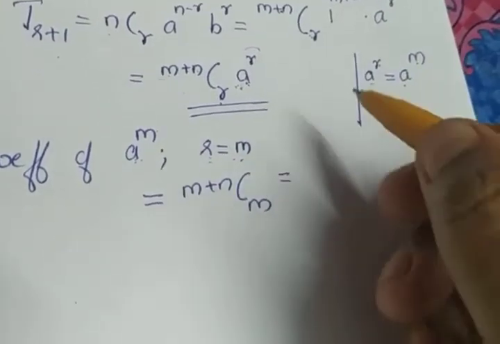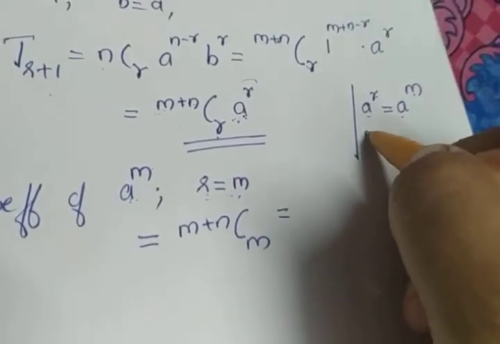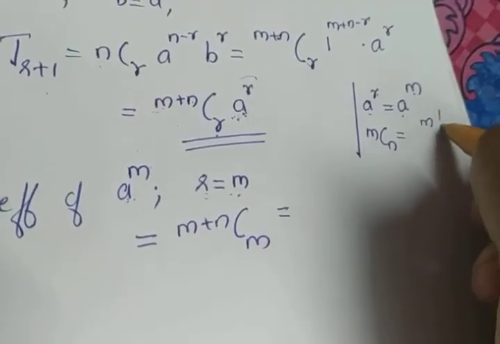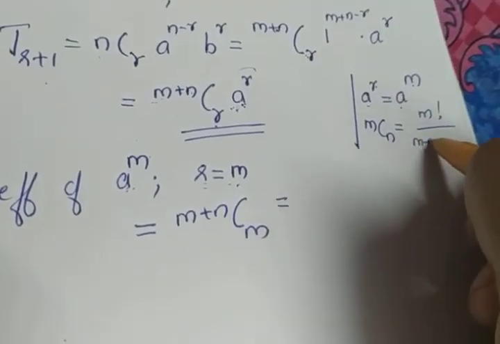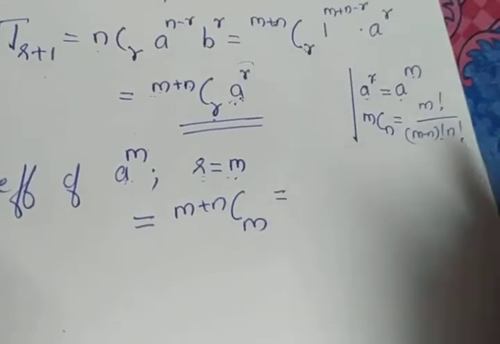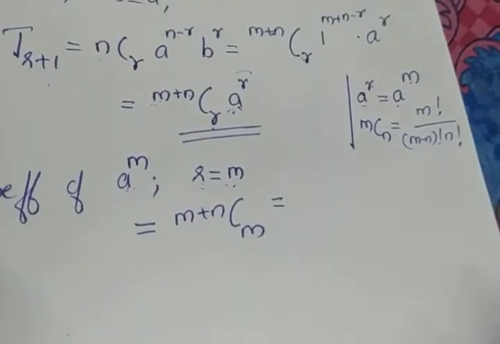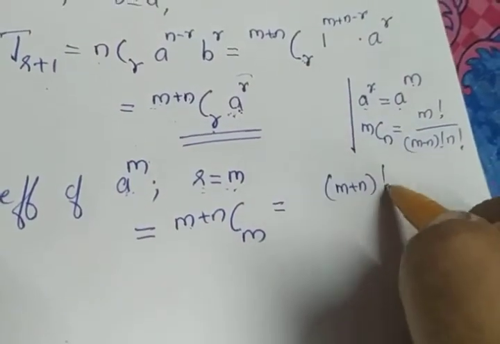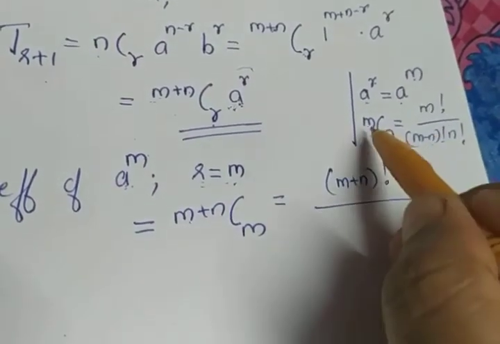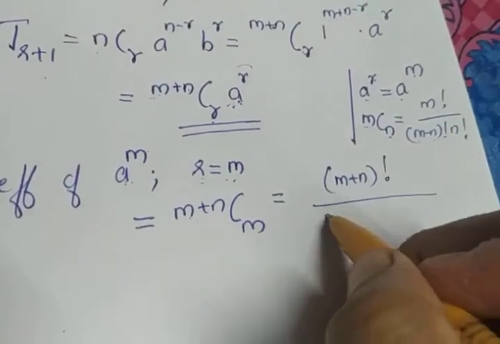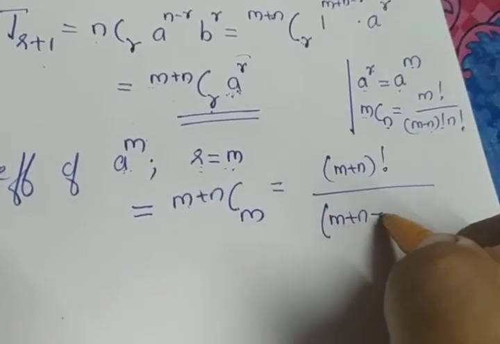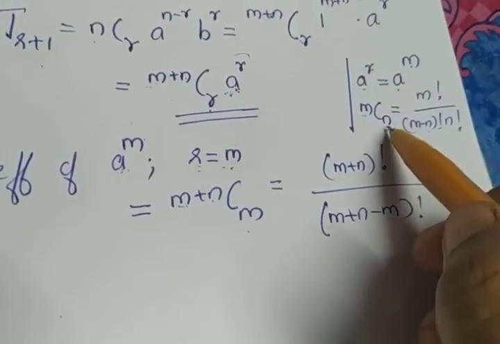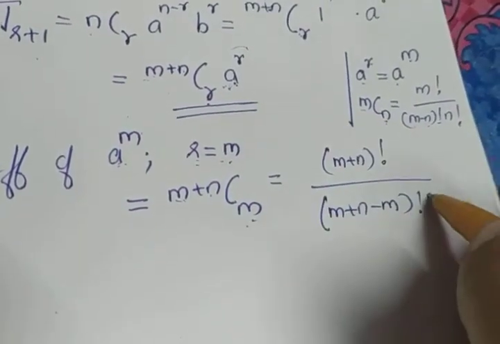So by the property, what is nCr? It is n factorial divided by (n - r) factorial into r factorial, the formula for finding the combination. So (m+n)Cm will be equal to (m+n) factorial divided by (m + n - m) factorial into m factorial.